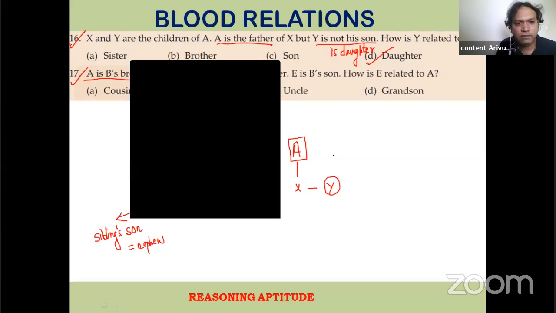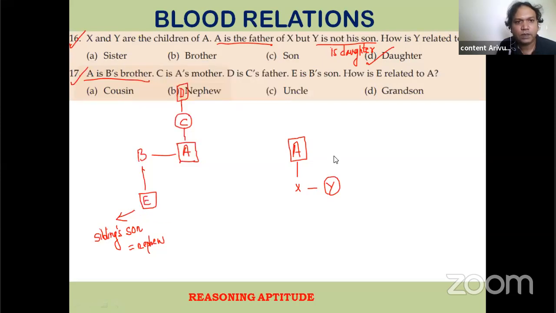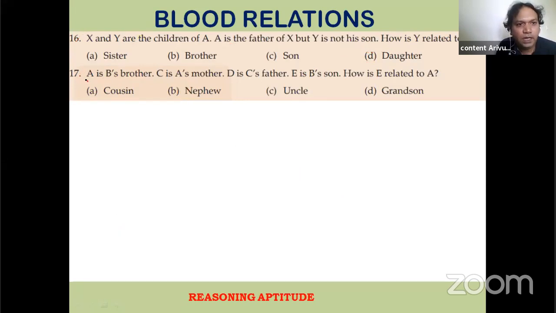Shrikanta, okay, once again we'll see. Question number 17. A is B's brother. So A and B are first of all linked by this horizontal line. This part is clear? Understood? Now, A is brother, right? So we put the square around A because A is the brother.